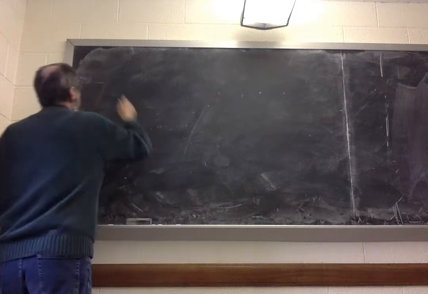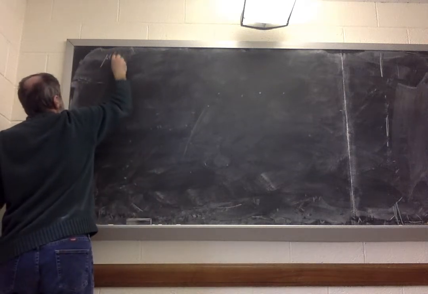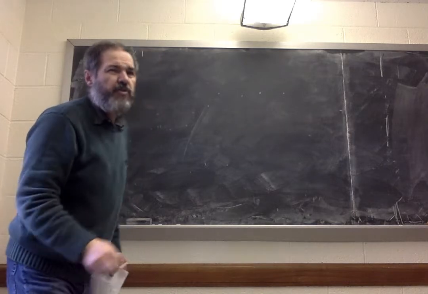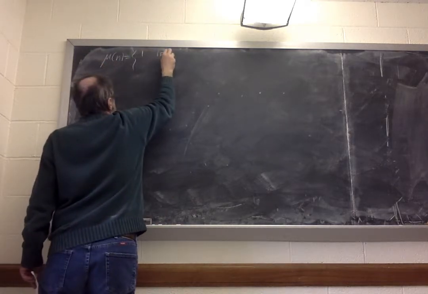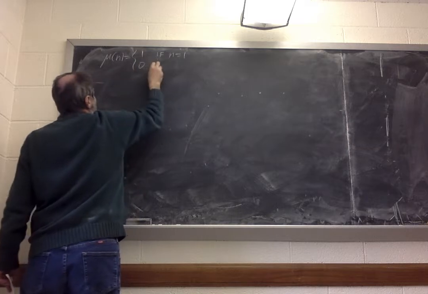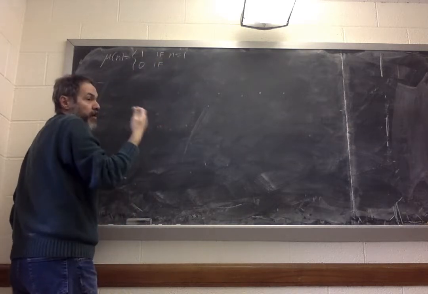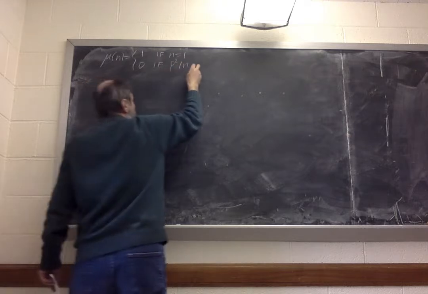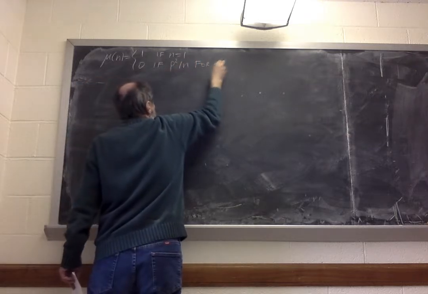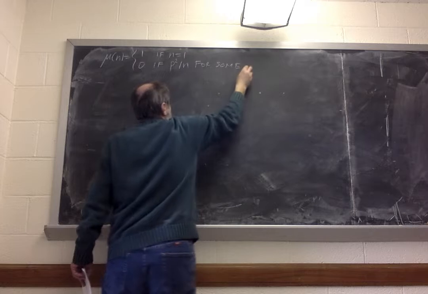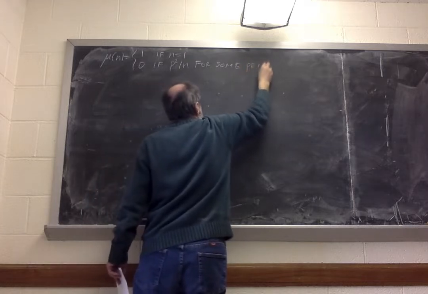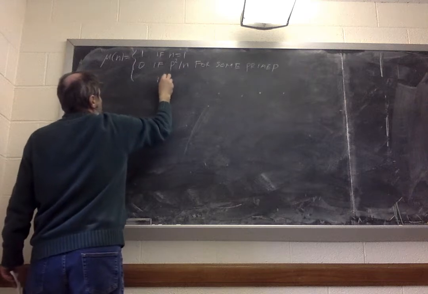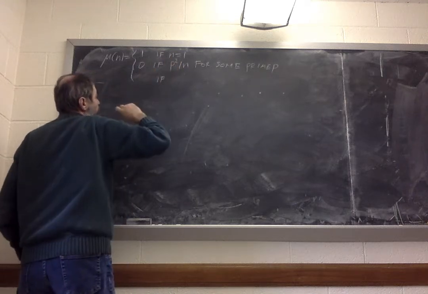So we have it. Mu of n is 1 if n is 1, 0 if there is at least one prime p such that p squared divides n. And the third case is when no square appears in the prime factorization.